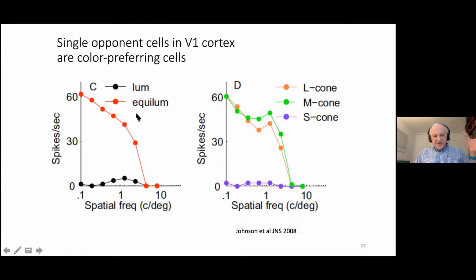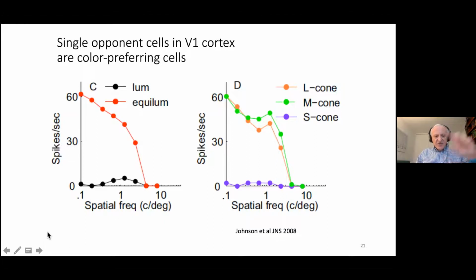They must be the ones that are important for color perception. But in fact, these are a minority of the cells that respond to color in the cortex. I'll try to make the case to you that they may contribute to color perception, but they're not so important as these other cells, which are not so low pass.